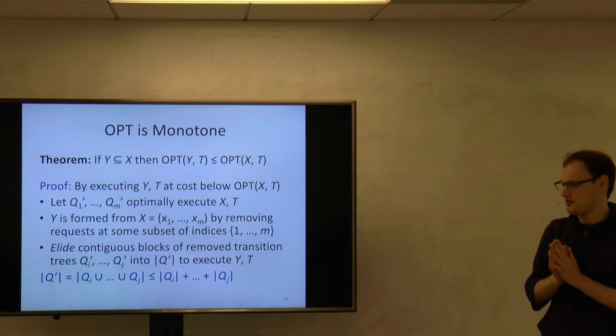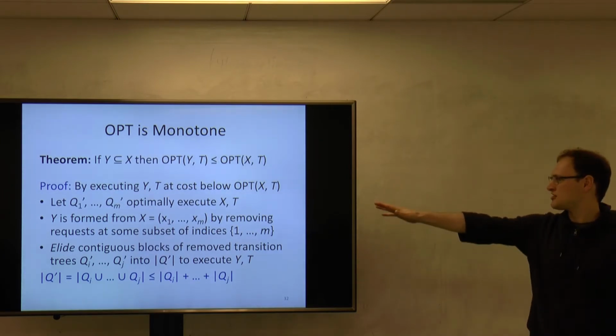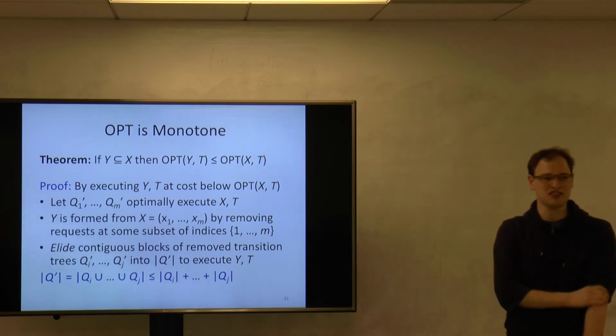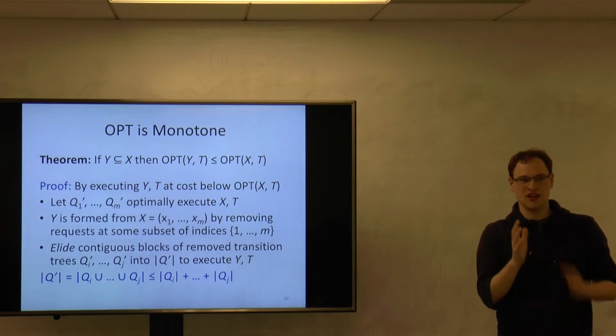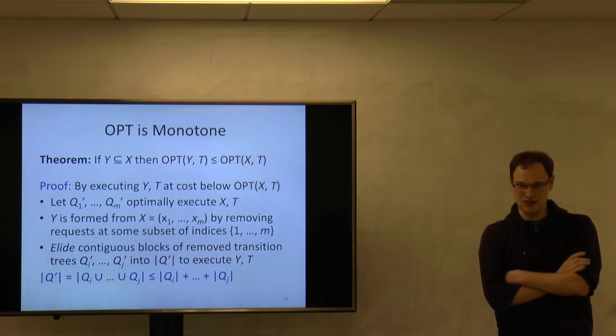So all we need to do is create an execution for the subsequence whose cost is bounded by the optimum for x. So we form a subsequence by removing the requests corresponding to some subset of indices.